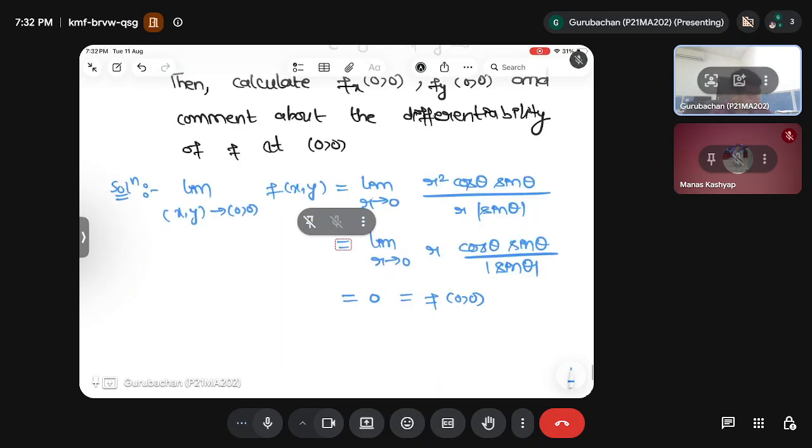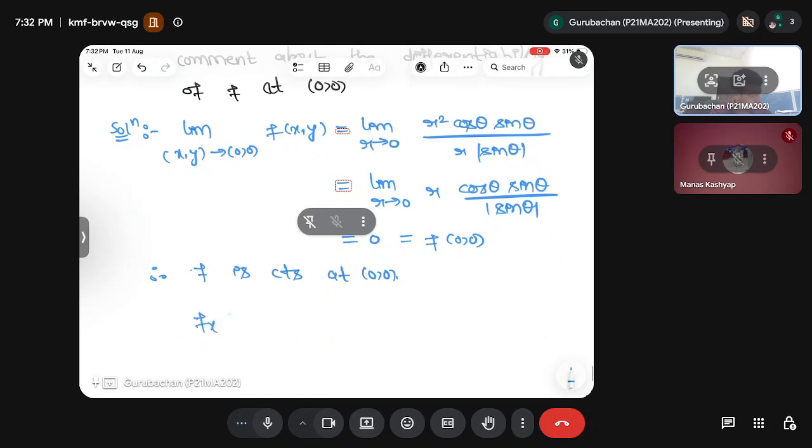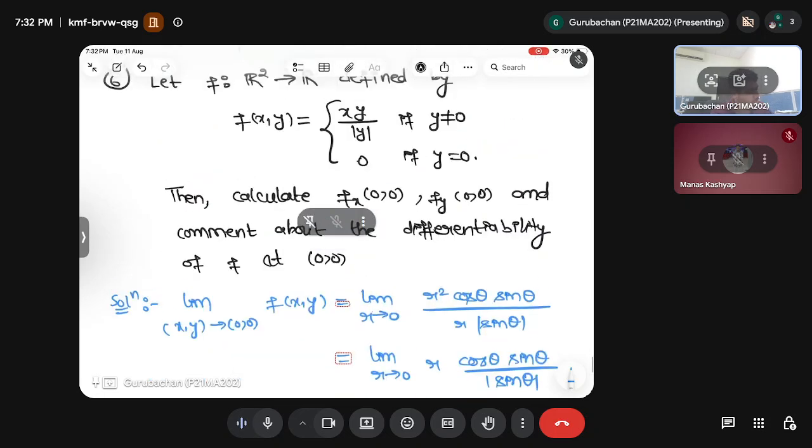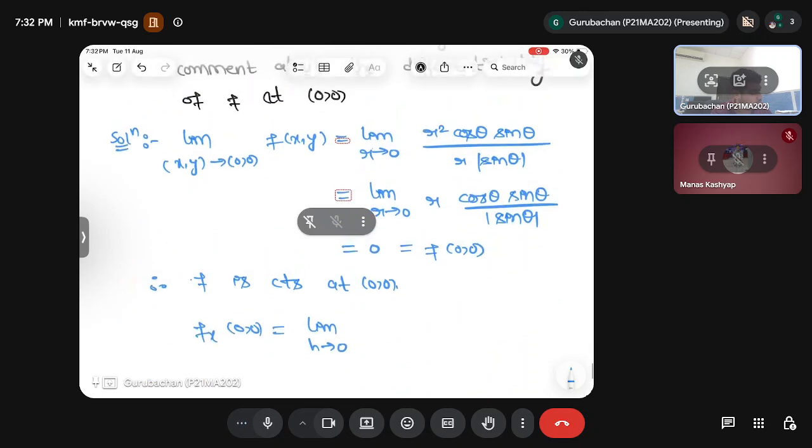So f is continuous at (0, 0), and fx at (0, 0) will be the limit as h tends to 0 of f of (h, k) minus f of (0, 0) divided by h.